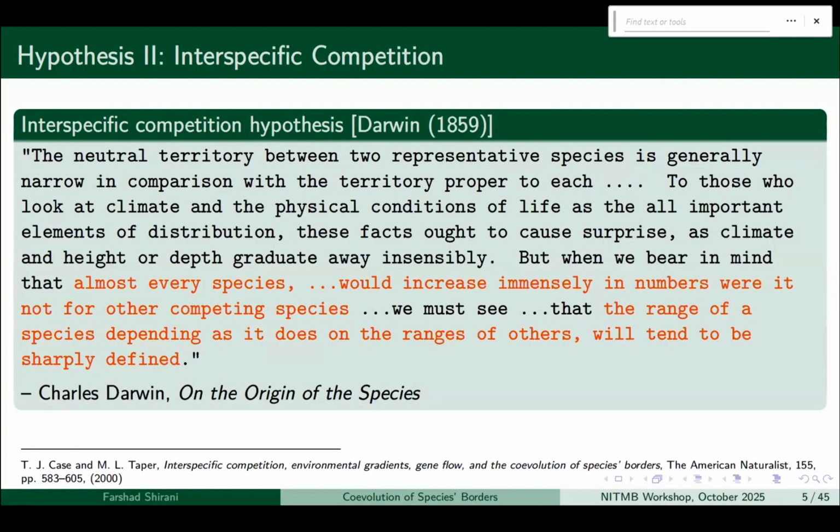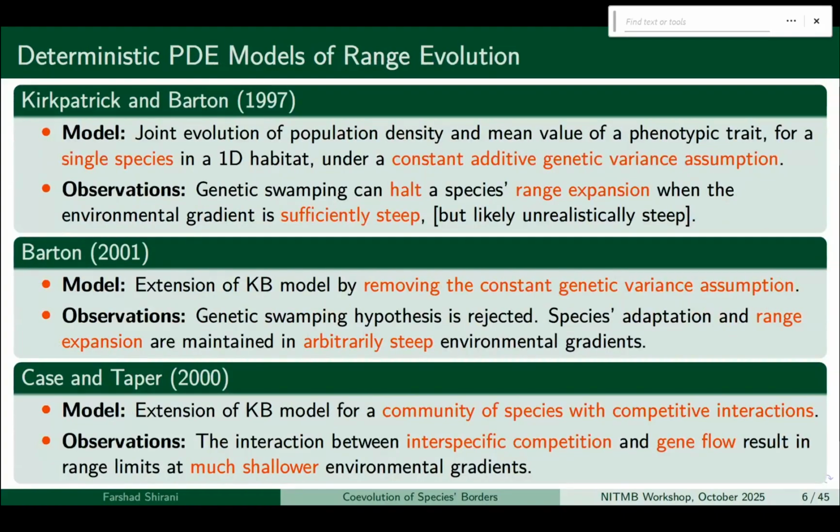The other hypothesis goes back to Darwin and is still under debate: that interspecific competition is going to create range limits. There have been a sequence of PDE models trying to test these hypotheses, starting from the highly influential work of Kirkpatrick and Barton. They developed a single species model to test the genetic swamping hypothesis.